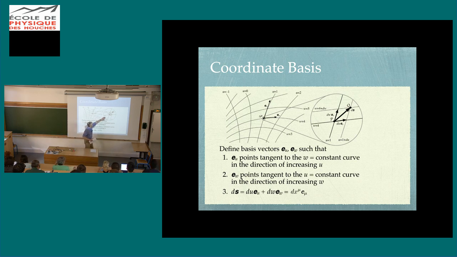But if you zoom in on a differential displacement, the basis vectors are approximately straight. They're not varying much during that displacement. And you can really define what the displacement is by adding these vectors the way I've shown it here.